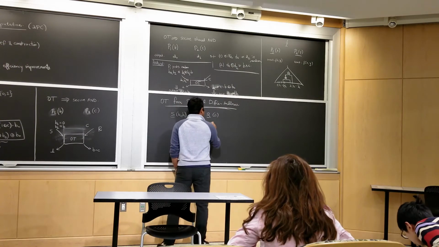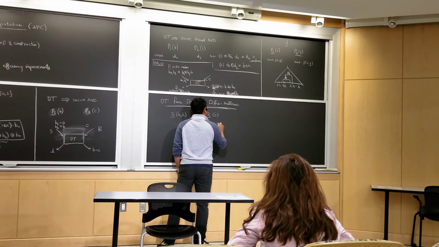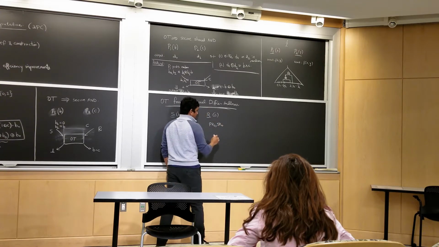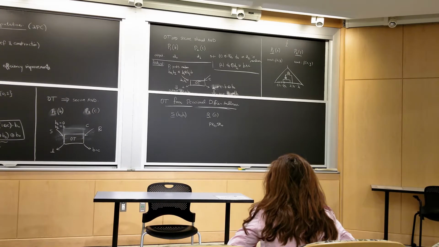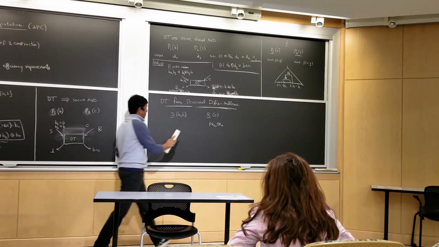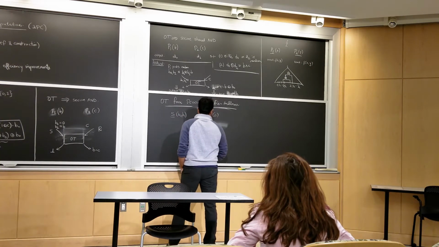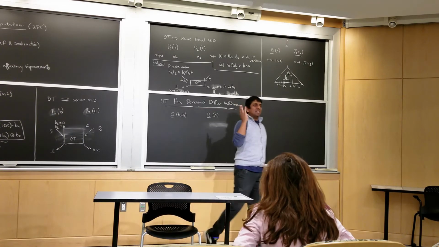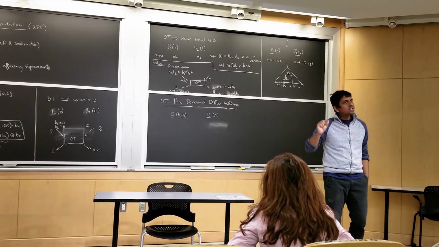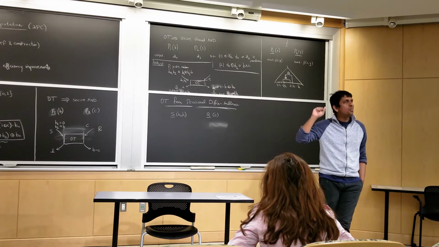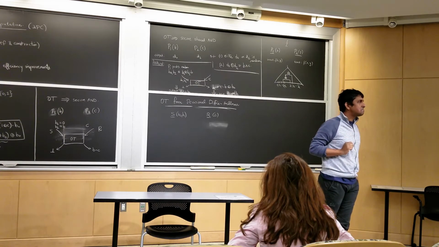The receiver picks 2 public keys, PK0 and PK1, in a way that it knows the secret key for exactly one of these 2 public keys. What does that mean?